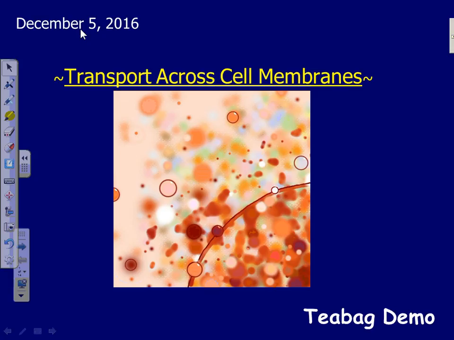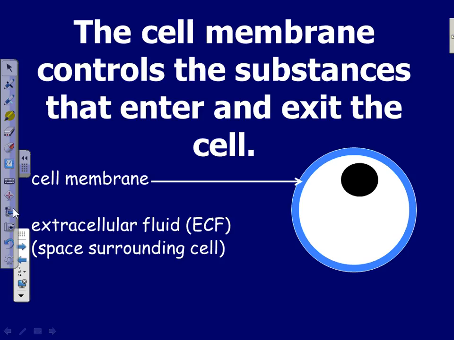Starch is made up of a bunch of sugar molecules stuck together. The other molecule is iodine, I2. They're quite tiny, small iodine molecules, and we've put them in the extracellular fluid. So we're going to see if we get any molecules moving across the bag.